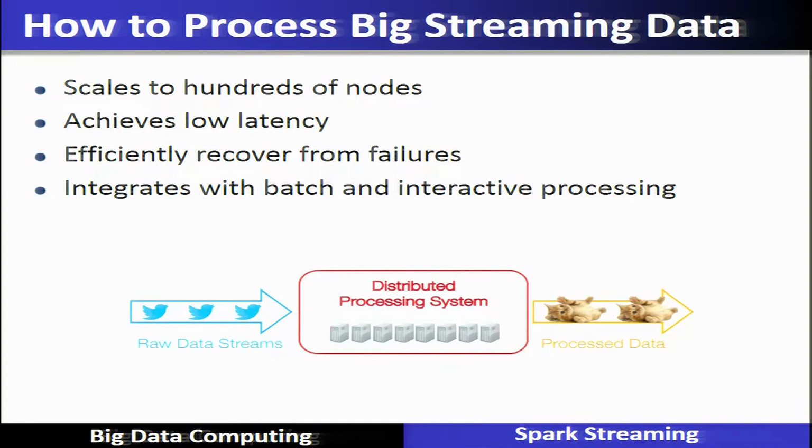Now the question is how to process big streaming data. In this part of the lecture we are going to deal with data which is called streaming data.